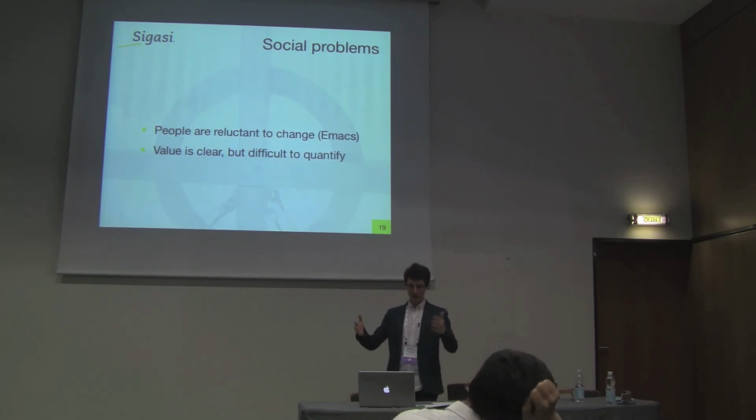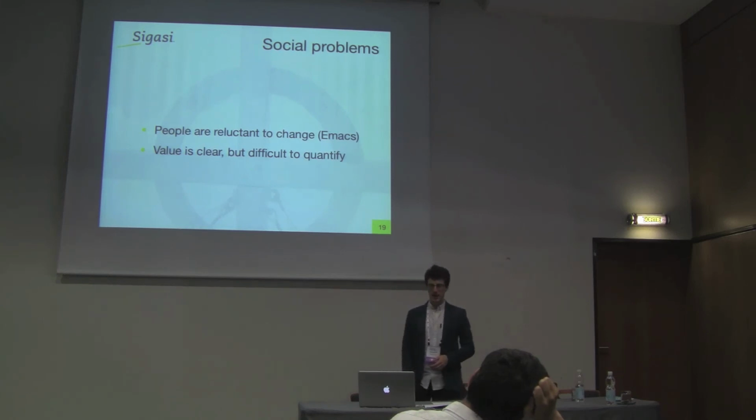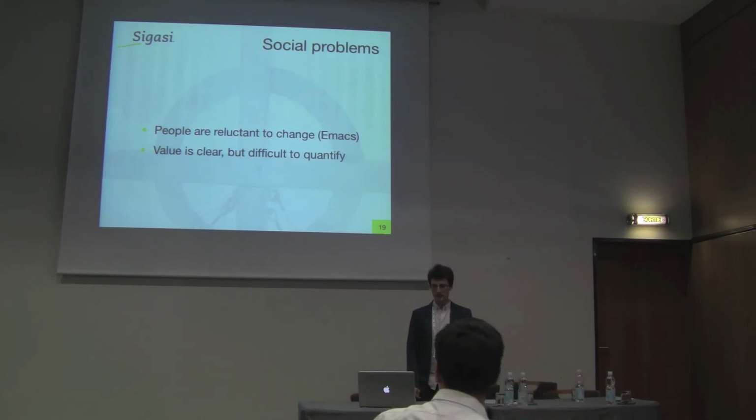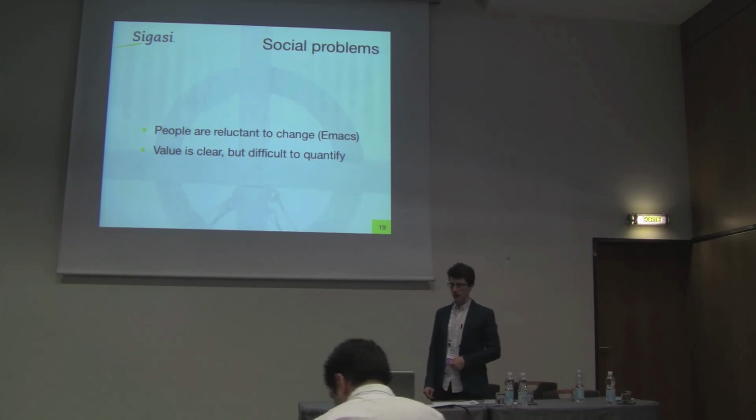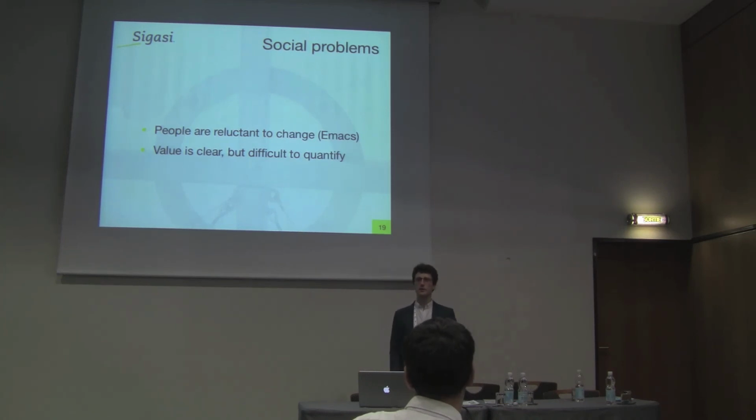So the value is clear, but it's difficult to quantify. And so our main approach to solve this issue is, we're all engineers, we're selling to engineers, and that makes the conversation easier, because we have experimented with real sales guys, but that simply doesn't work.